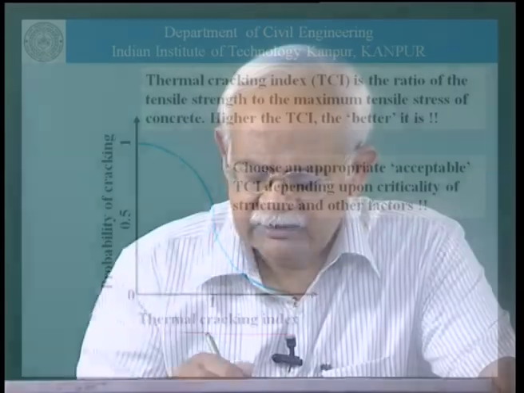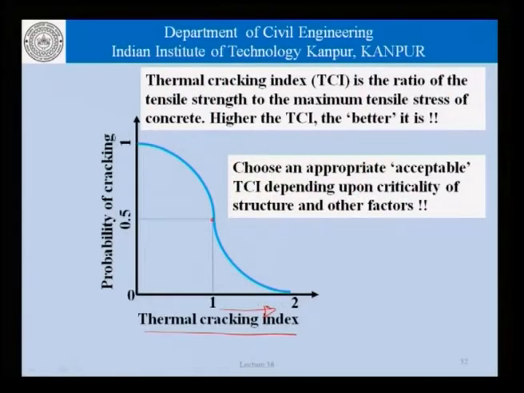Whereas, if we move towards a higher number here, we have more strength than the stress developed, and that is why the probability of cracking goes down. Similarly, if the cracking index is lower than 1, it simply means that we do not have adequate strength, and the probability of thermal stress induced cracking occurring is very large.